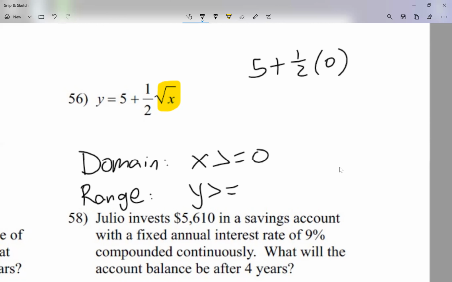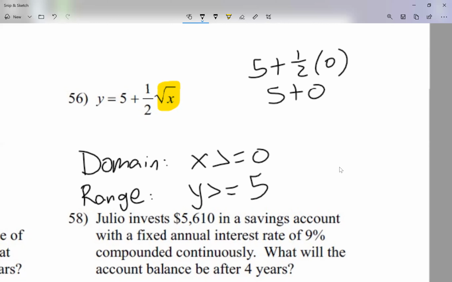The smallest value of X is going to give me my smallest value of Y. So I have 5 plus 0, right? 1/2 times 0 is 0. So I'm going to say my range in this case is greater than or equal to 5. My smallest value of X will give me my smallest value of Y. If X equals 0, Y equals 5.